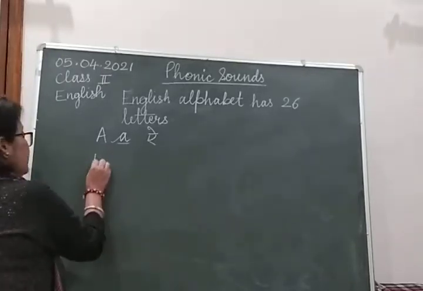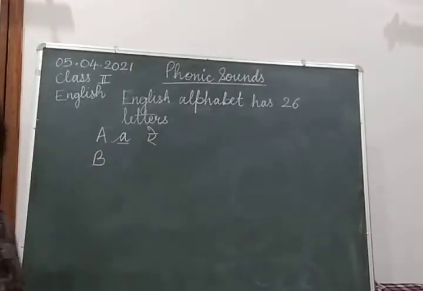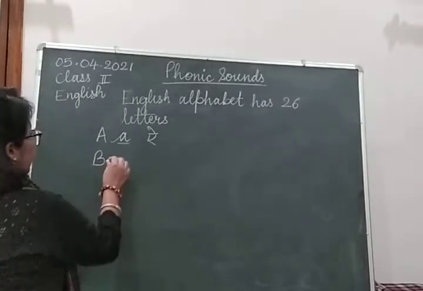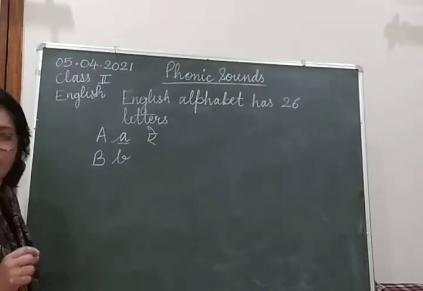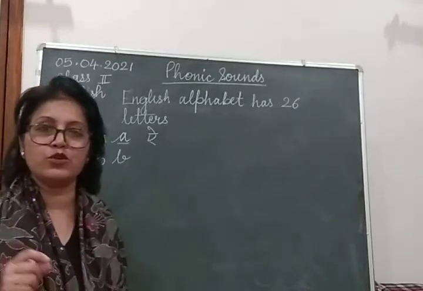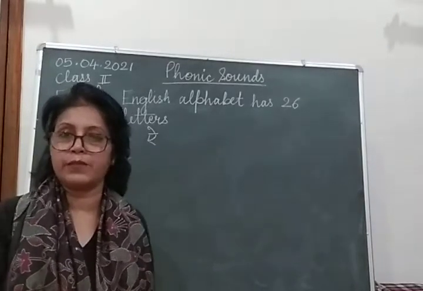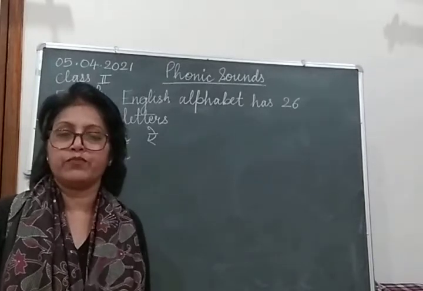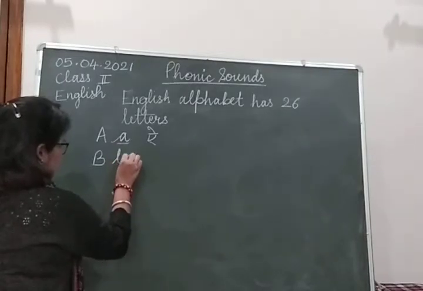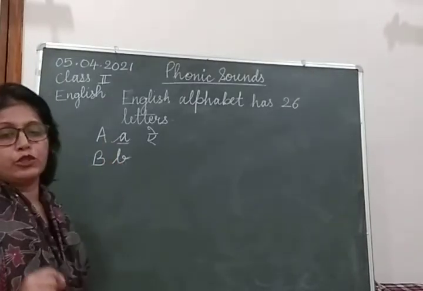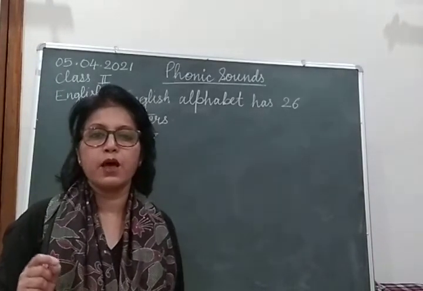Next is B. This is B, and in cursive form we write it like this. I'm sure you all know how to write cursive letters, isn't it? You have studied about cursive letters in your lower KG class, in upper KG class and in your grade 1. So we write cursive B like this, and the sound of this letter B is b.